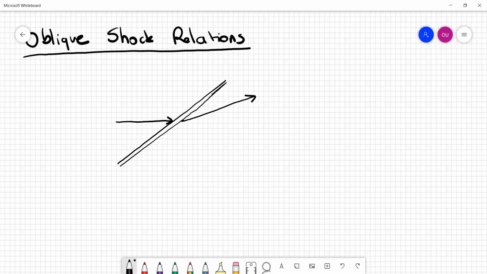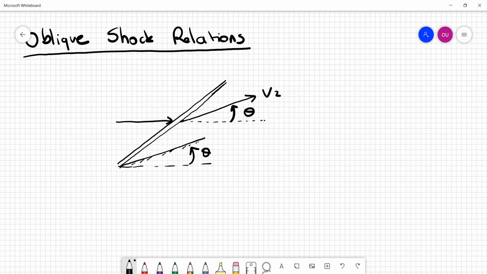Basically the velocity vector, let's say V2 here, must be sitting at an angle theta, and this theta could be the angle of your ramp or wedge, whichever you have. So this is the angle of the solid object.